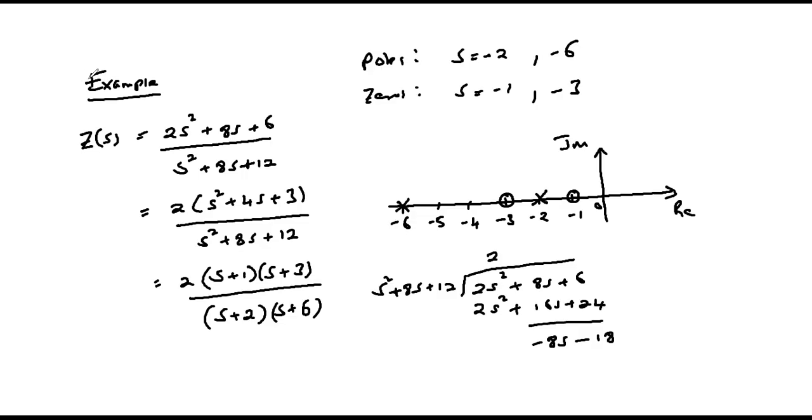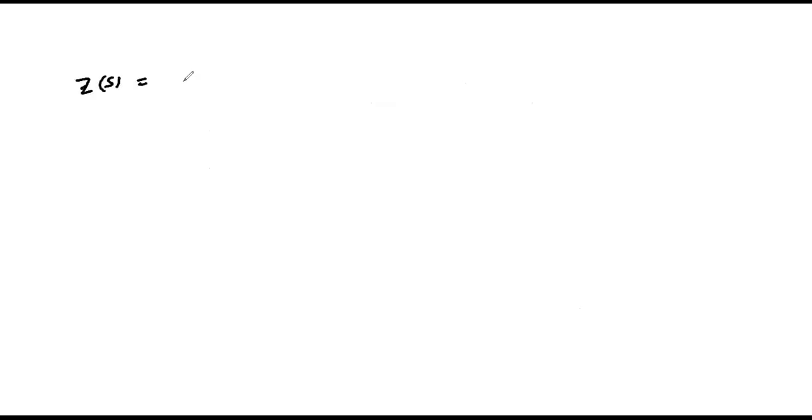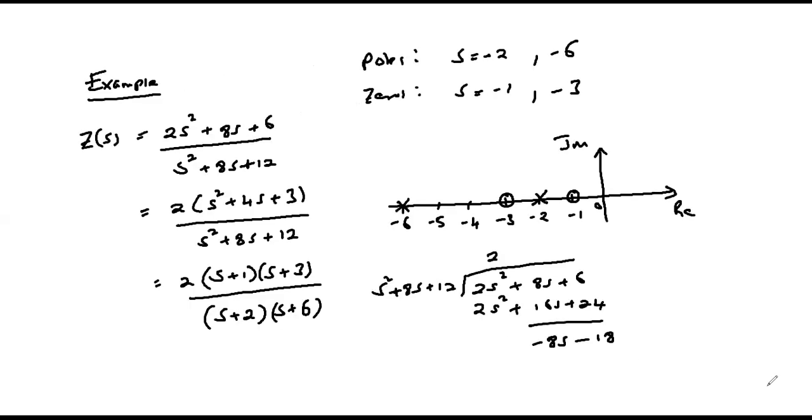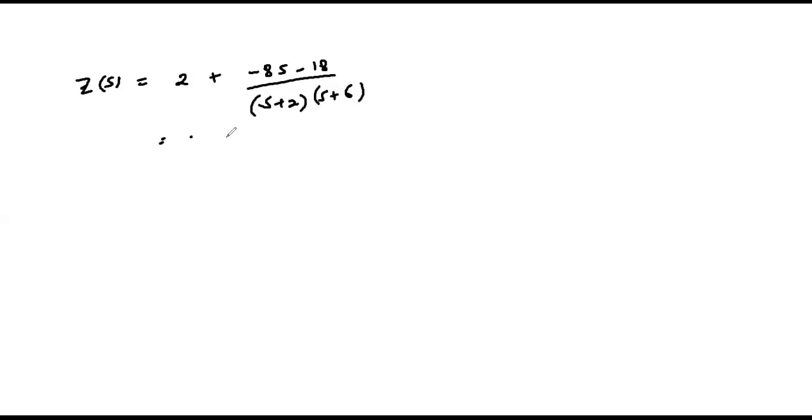We can write our transfer function as Z(s) = 2 + (-8s - 18) divided by (s + 2)(s + 6), which we can write as 2 + A/(s + 2) + B/(s + 6).